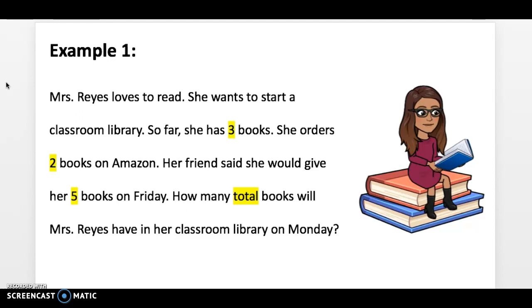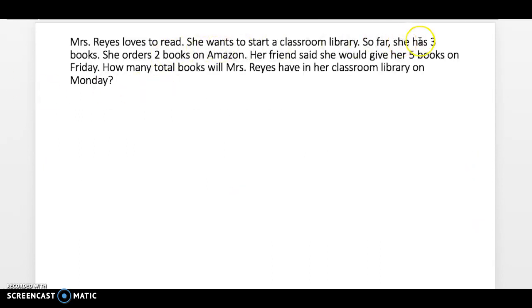So we're going to take our numbers and we're going to put them into a numerical expression. As you can see, here we have our information, our 3, our 2, and our 5. And lastly, we have the total number of books, and that is what we are looking for. So what does this look like?